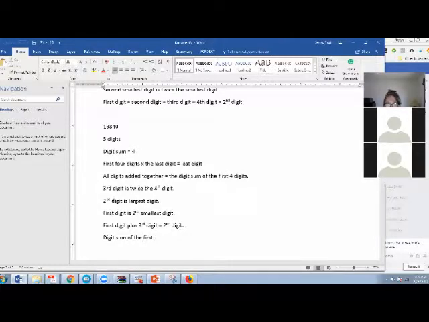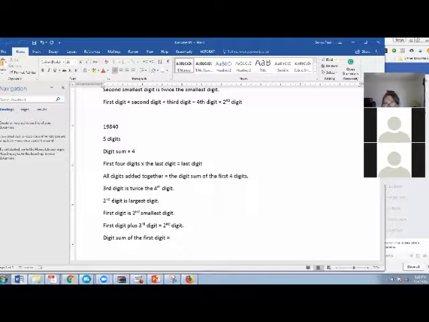Oh no, you didn't. The digit sum of the second and fourth equals the fourth digit. The digit sum of the second, or the first and the fourth? No, the second and the fourth. Oh, okay. Well, hold on. So the digit sum of the first digit. No, the second. Hold on.